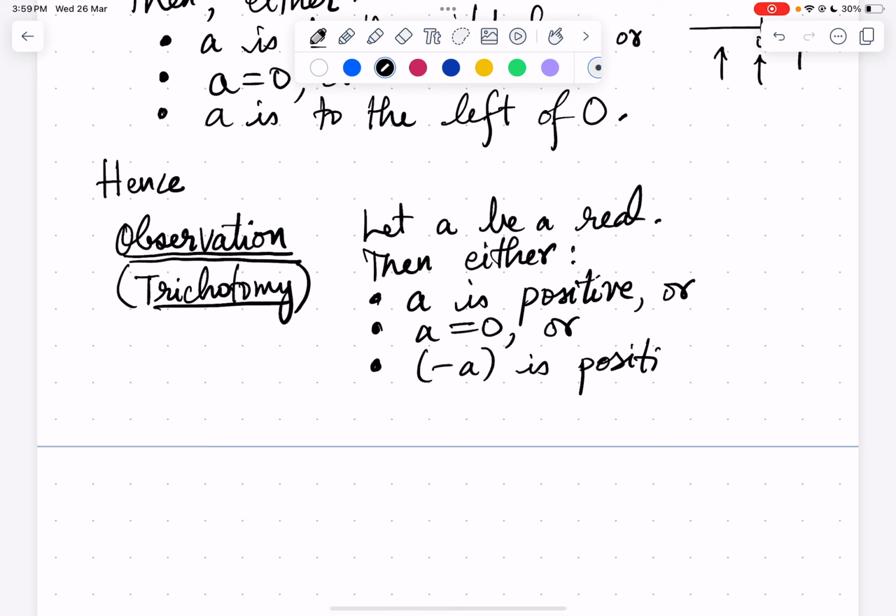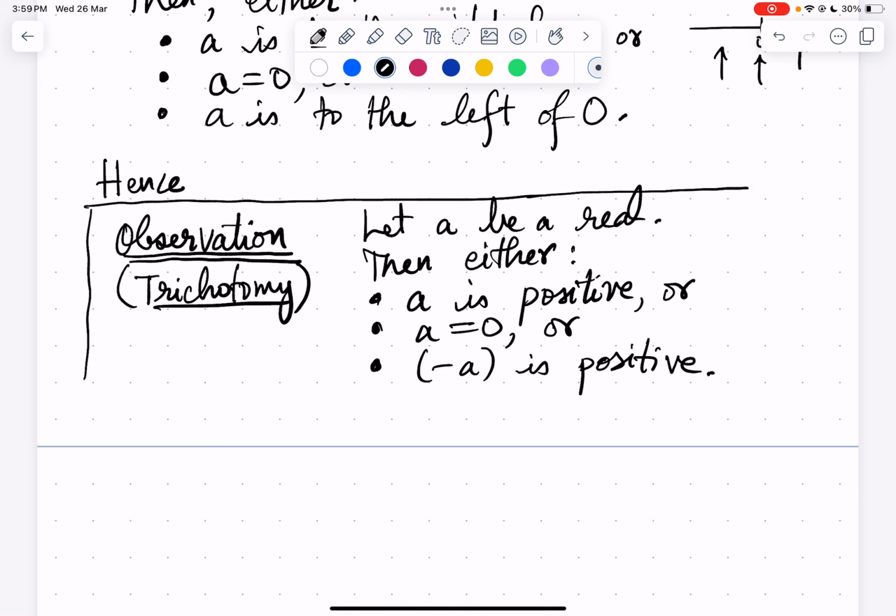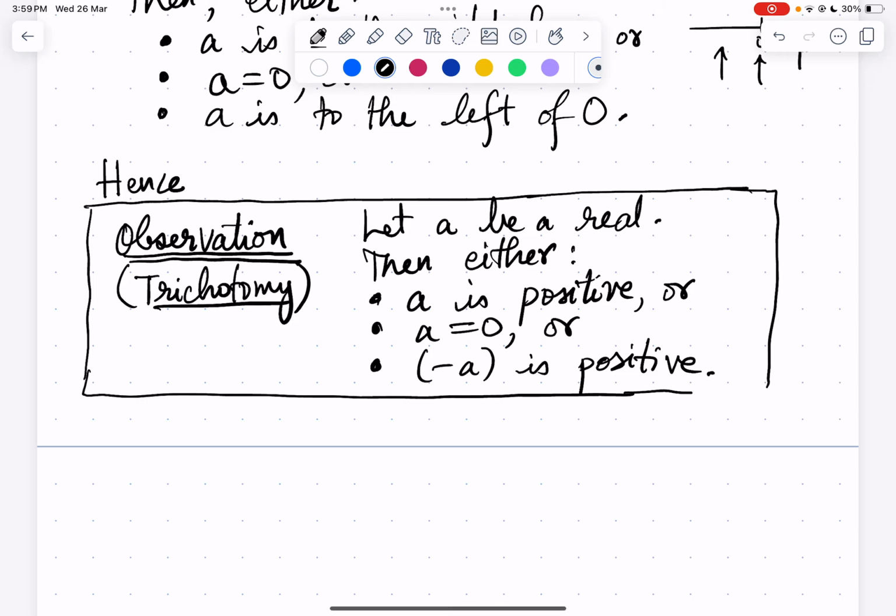So we have another fundamental observation about positivity, namely, if A is a real number, then either A is positive or A is 0 or minus A is positive.